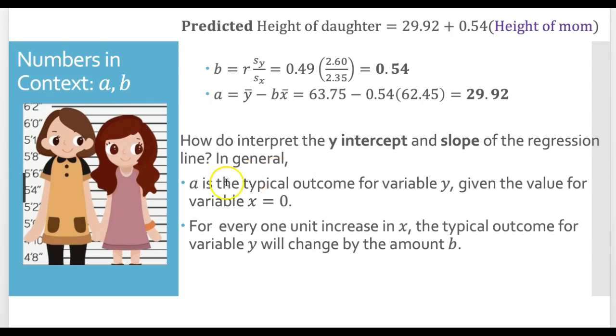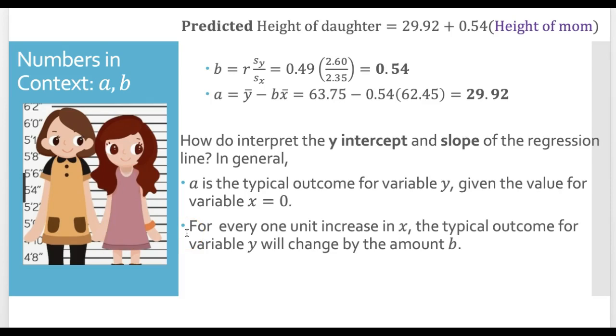So in general, A is the typical outcome for variable y, right, or the average outcome for variable y, given the value for the variable x is equal to 0, right? So that's just the definition of a y-intercept, right? When x is equal to 0, we have A. And for the slope, because remember it's rise over run, right?